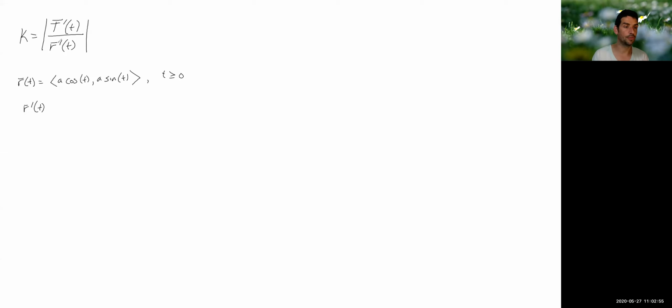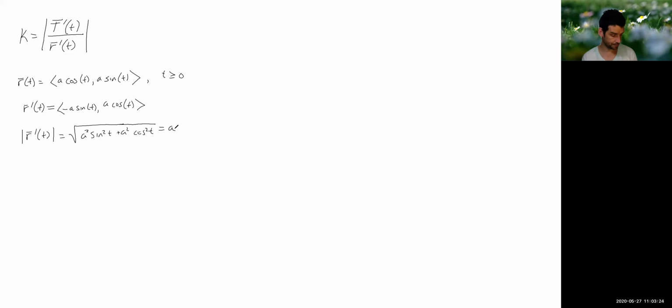And so I need r prime, I need T prime, so I have to do a bit of work first. r prime of t is (-a sin t, a cos t). The magnitude of r prime of t is going to be the square root of a squared sine squared t plus a squared cosine squared t, which is just a after a little bit of algebra.